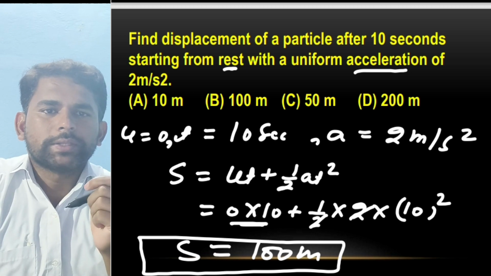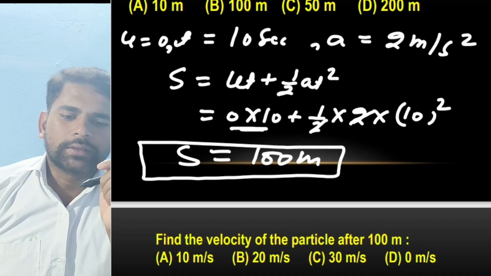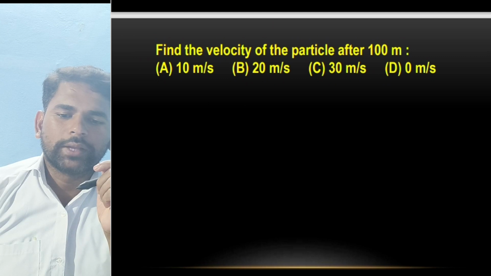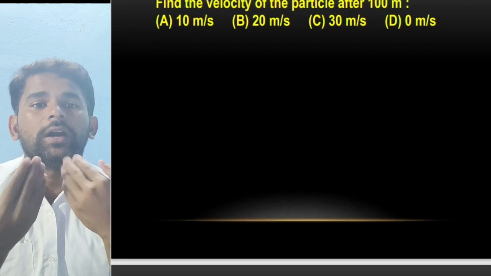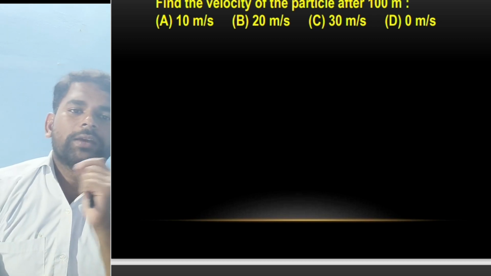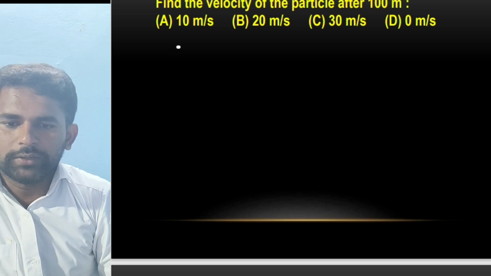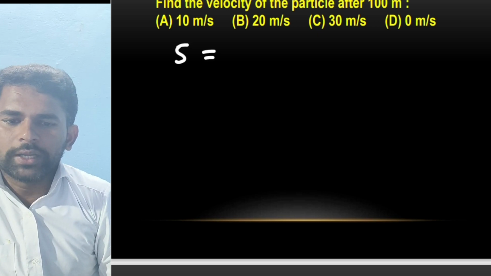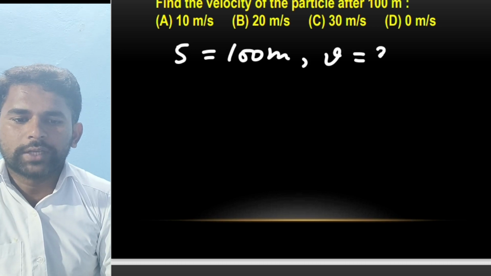So now you can see the next question on the screen. What are they asking? This is also very important. They are asking to find the velocity of the particle after 100 meter. After 100 meter they are asking the final velocity of the particle. So basically what is given? Displacement is already given, 100 meter. After 100 meter they are asking for velocity.